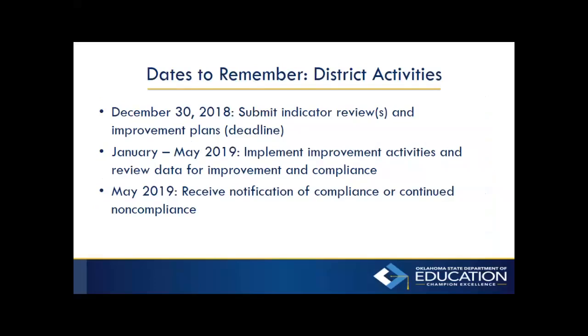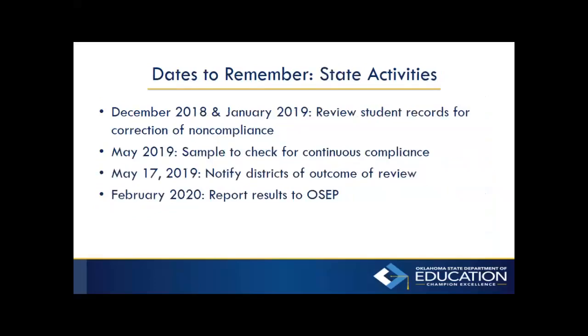And then in May, we're going to check to see how your plan is working. Are you compliant at that point or not? And then go from there in giving you additional supports and activities. The state's activities are through December and January. After you submit your plans, we're going to review them as well as reviewing student records for corrections of noncompliance.